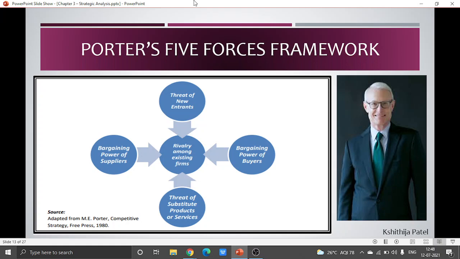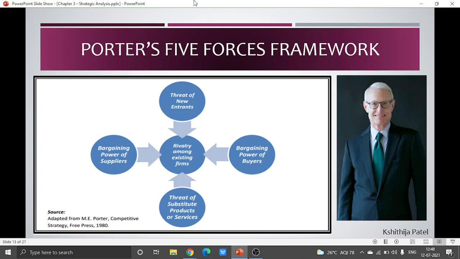So the five forces are: the first one is threat of new entrants, then bargaining power of buyers, bargaining power of suppliers, the fourth one is the threat of substitute products or services, and we have intensity of rivalry among firms in an industry, which is the heart of the diagram.